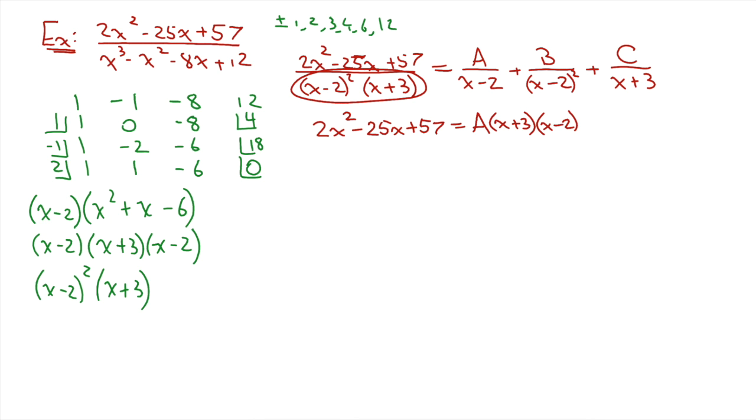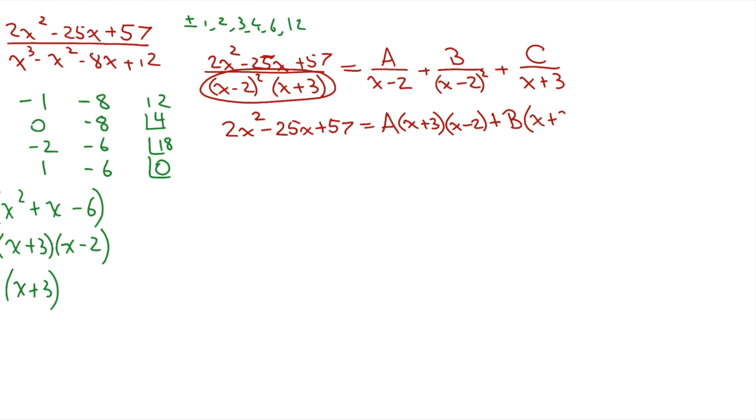All right, what about the B? B times x plus 3, plus C times x minus 2 squared.